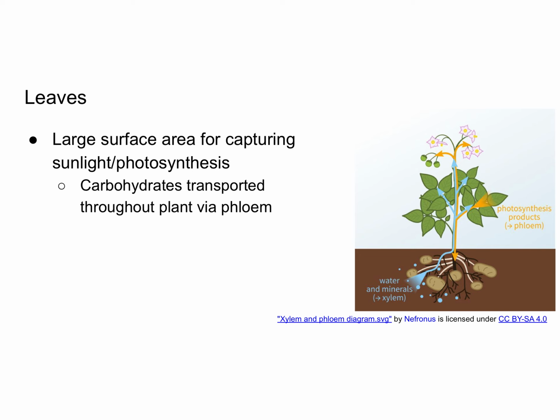Vascular plants also have true leaves, and these leaves are where photosynthesis is going to occur. These leaves have a large surface area that allows them to maximize the amount of sunlight that they can capture. And then remember, in photosynthesis, if we look at the overall reaction, it takes carbon dioxide and water.